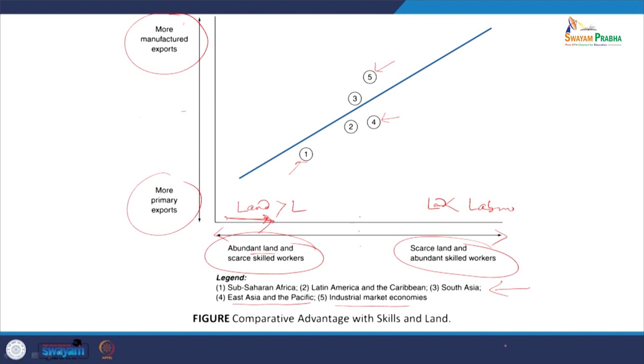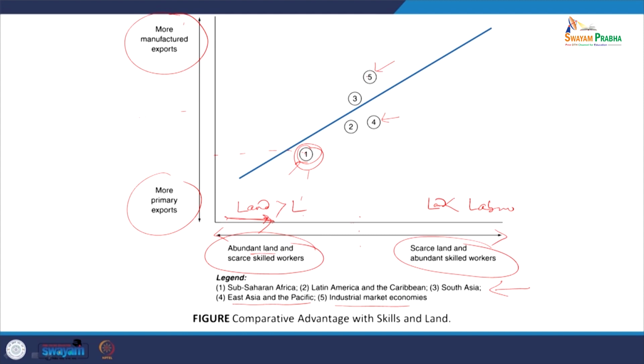Based on this mapping, a comparative advantage with skills and land is made, where it has been observed that countries like Sub-Saharan Africa are more endowed with land as compared to skilled labor, and they are primarily exporting primary or very basic goods.